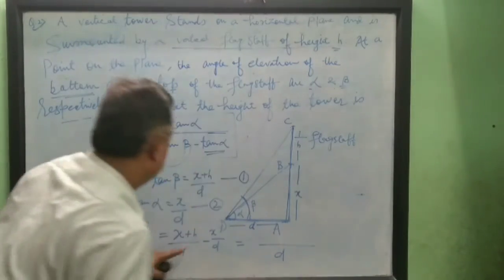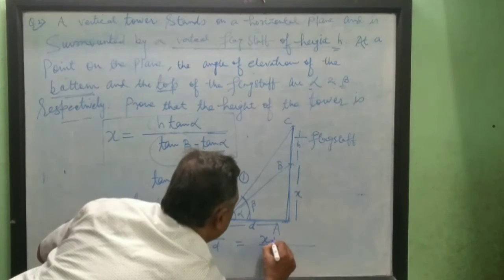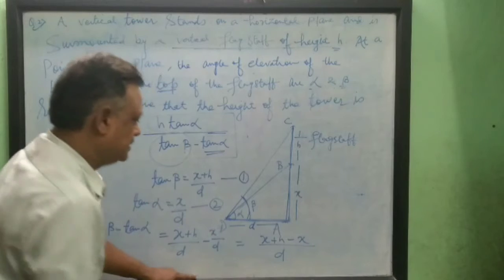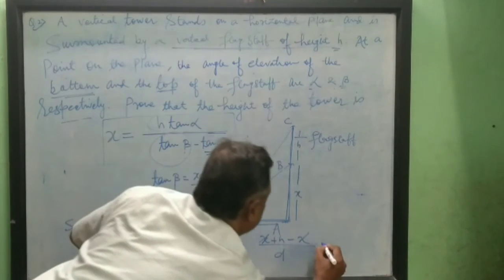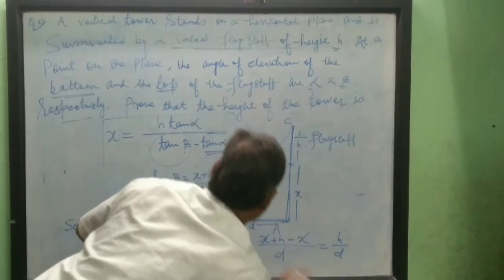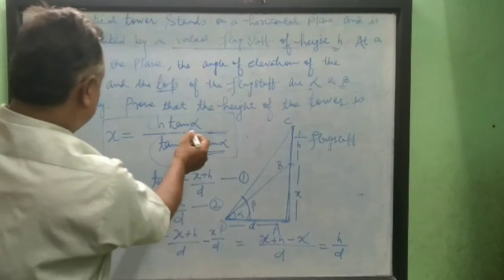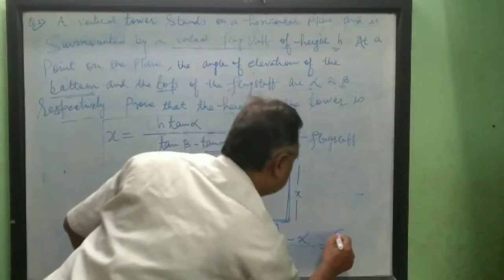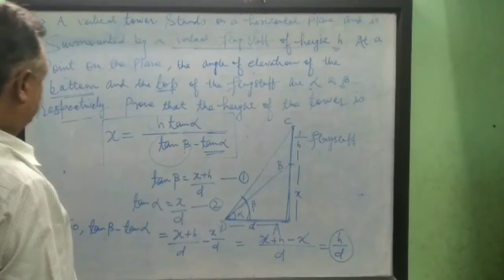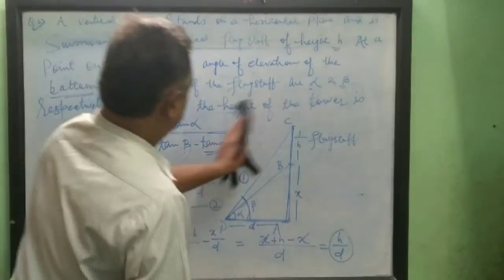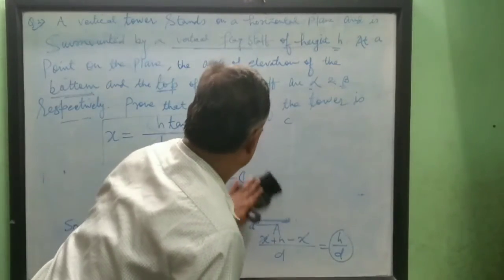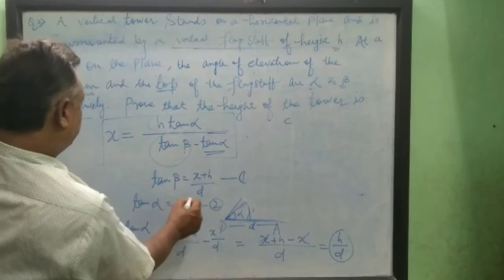It is d and here it will be x plus h and minus x. Cancel out x. So this is h by d. And now we have to take the ratio tan alpha by (tan beta minus tan alpha). This is tan beta minus tan alpha. So tan alpha we have x by d.